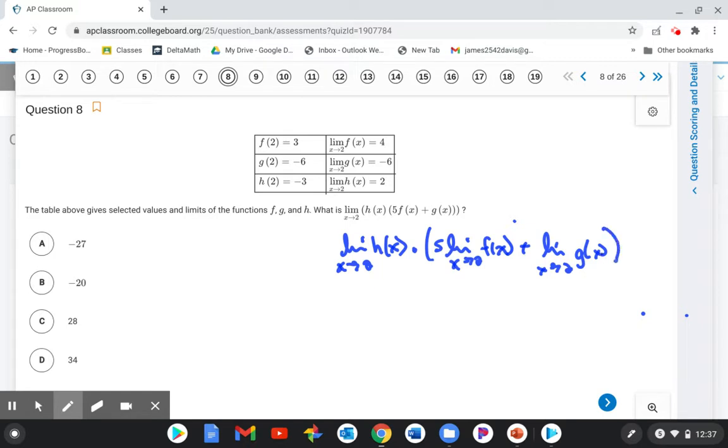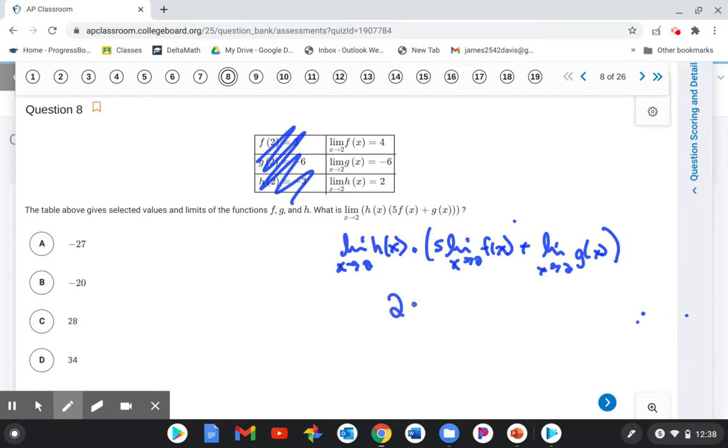All right, so let's go ahead and evaluate this. We're going to use this table up here. And we shouldn't need any of these values over here. Those are there just to kind of throw you off because we're finding the limit of this entire thing. All right, so first of all, limit as x goes to 2 of h of x would be 2.